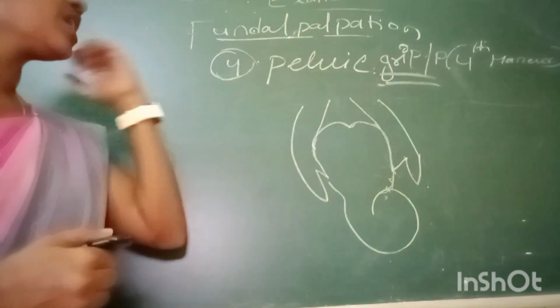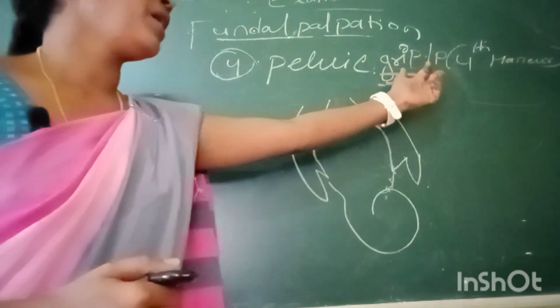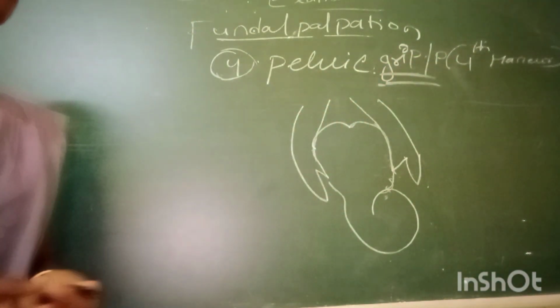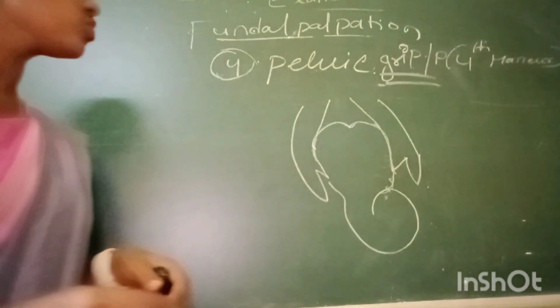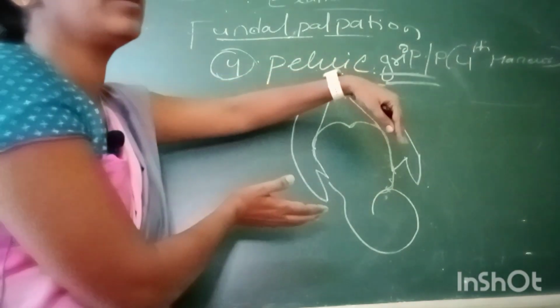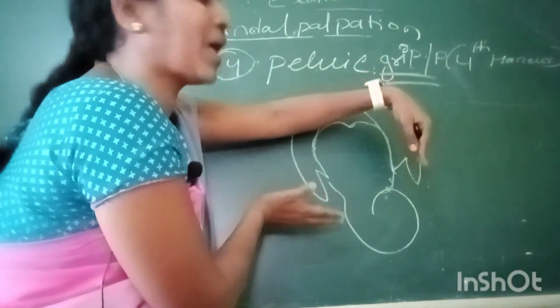Next one is pelvic grip or pelvic palpation or fourth maneuver. In this fourth maneuver, we use this grip to know how flexed the fetal head is against the pelvis.